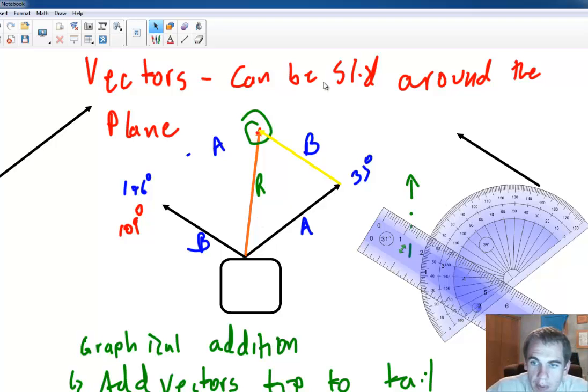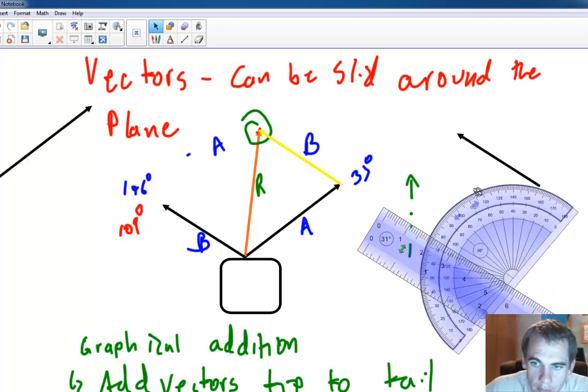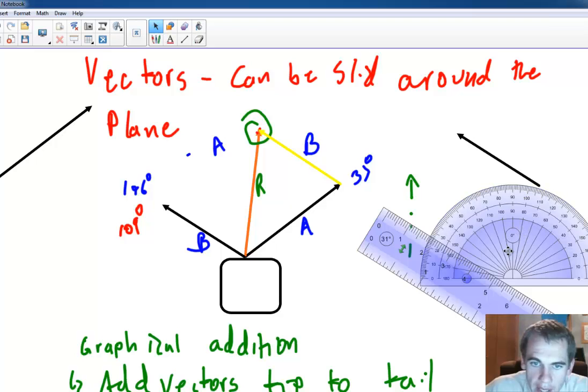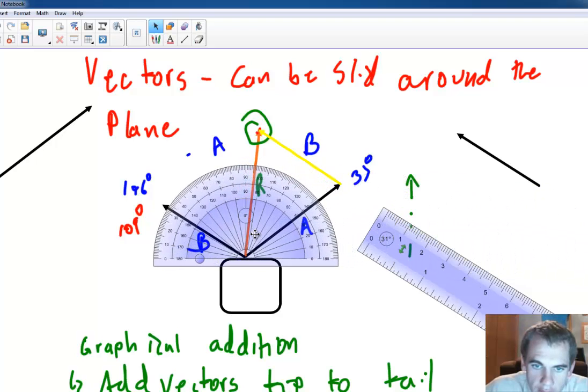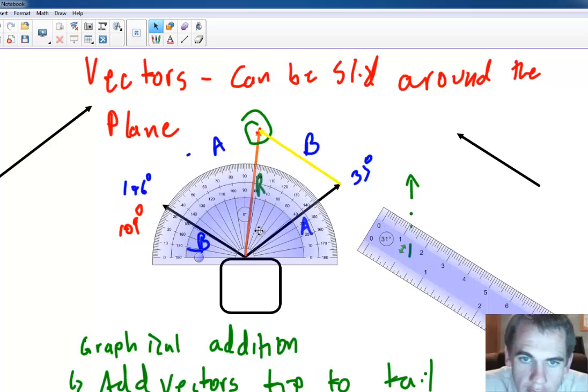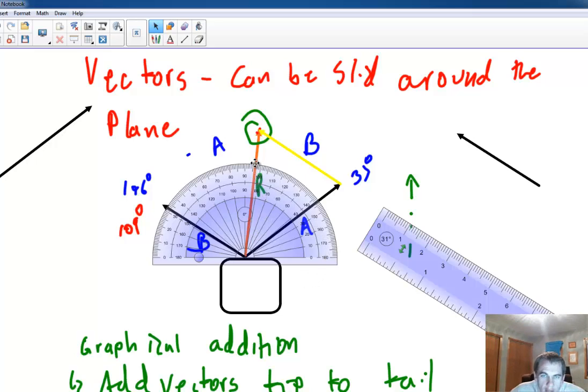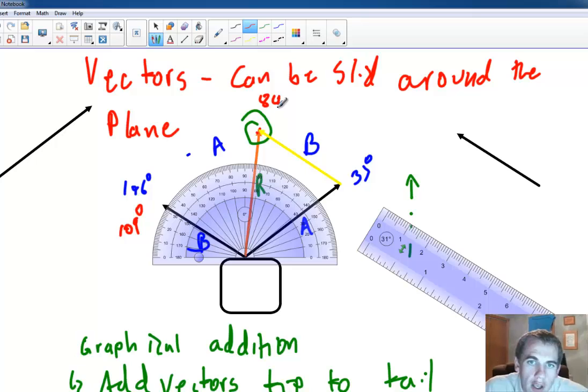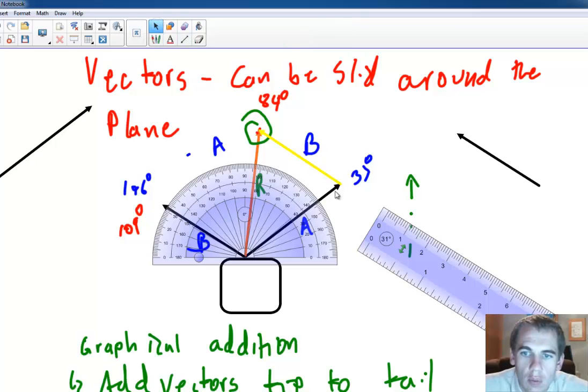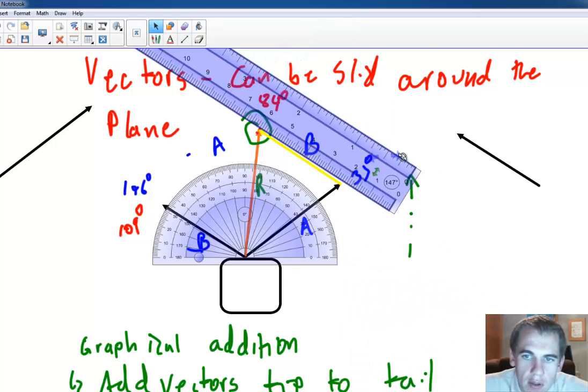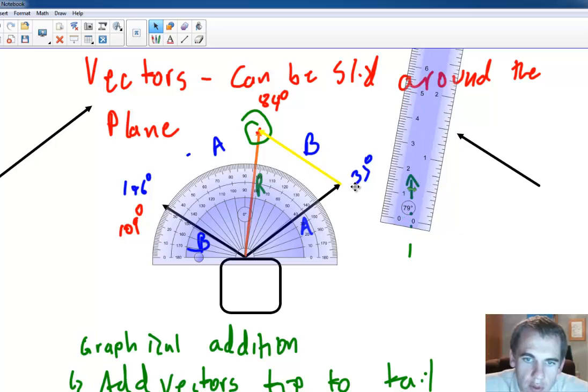Okay, so let me grab my protractor again, and bring him back. Everything's at 0, and so I can see that this is at 84 degrees, so my resultant is at 84. And if I want to know the magnitude of my resultant, then I'm going to grab my ruler again and rotate it so that it's parallel to my resultant.